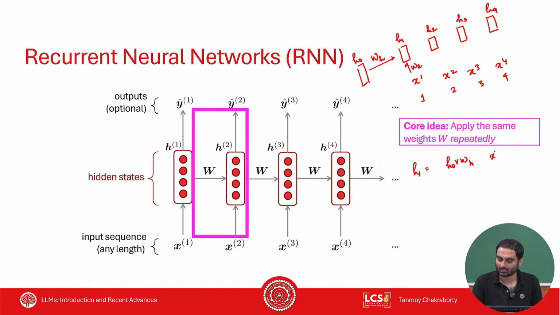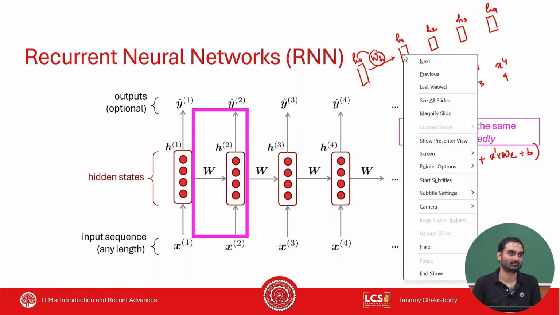X1 will be multiplied with WE. This will be added, of course, with some bias term, and then I will pass it through a nonlinearity. We'll add them, add a bias, and pass it through some nonlinearity, sigmoid or tanh. That will give you the hidden state.